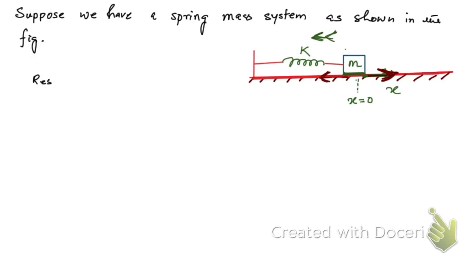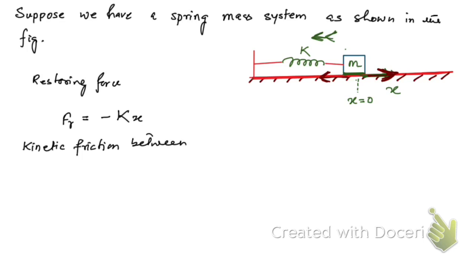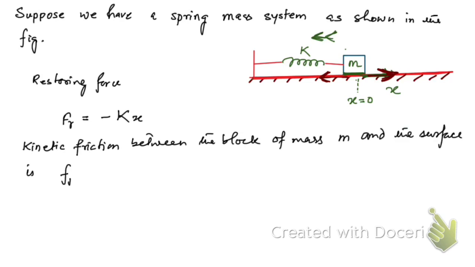The restoring force of the spring is given by minus k x, where k is the spring constant. And the kinetic friction between the block and the surface is directly proportional to the velocity. We know velocity is the time derivative of position, dx/dt, or x dot.